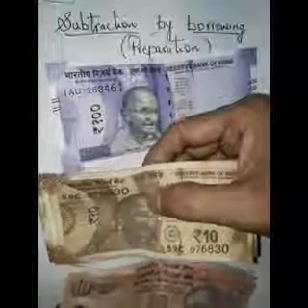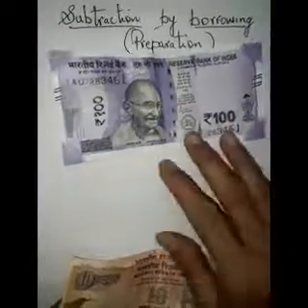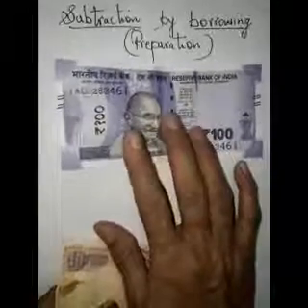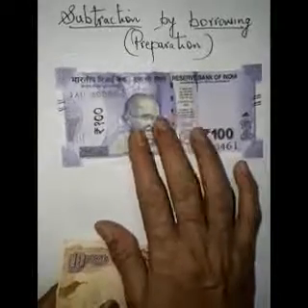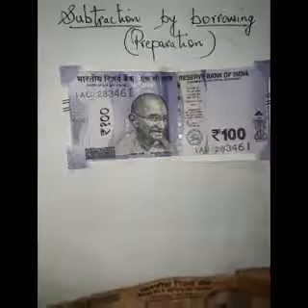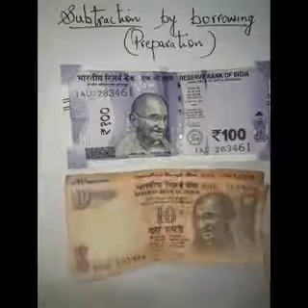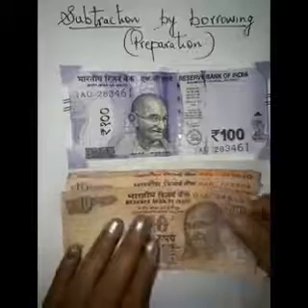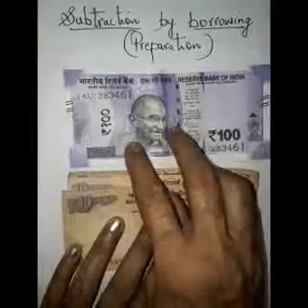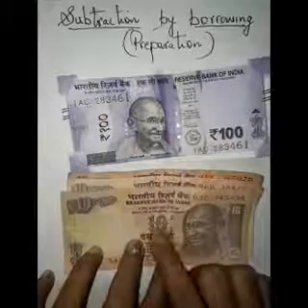Now let's see what is the amount left with me. So I am left with 100 rupee note and some 10 rupees notes. Now let's see how many 10 rupees notes. 1, 2 and 3. So I am left with 100 rupees note and 3 10 rupee notes.